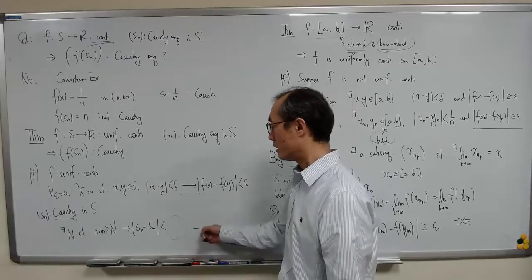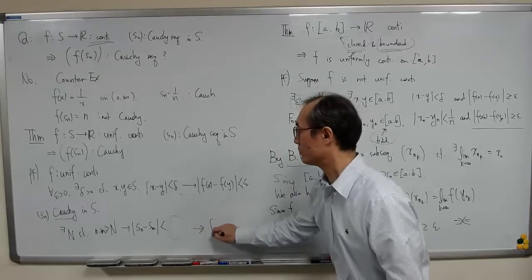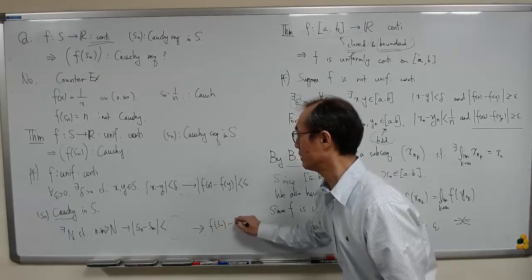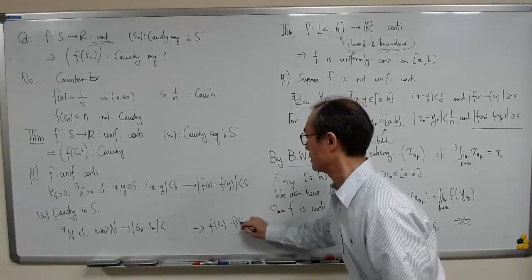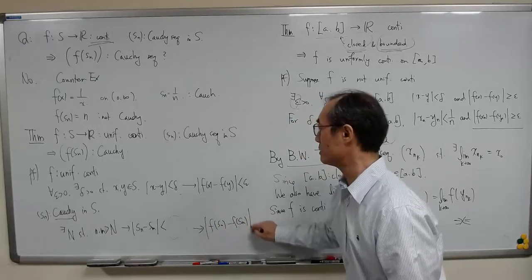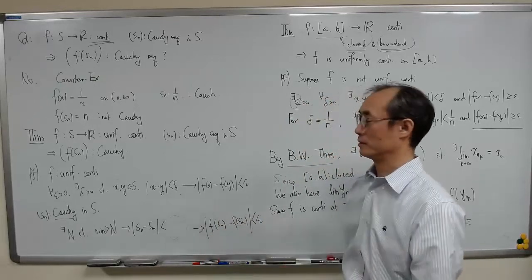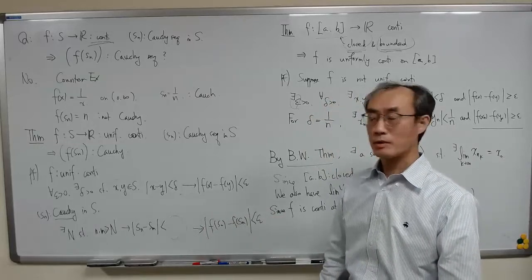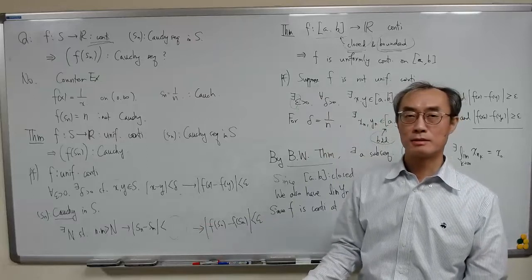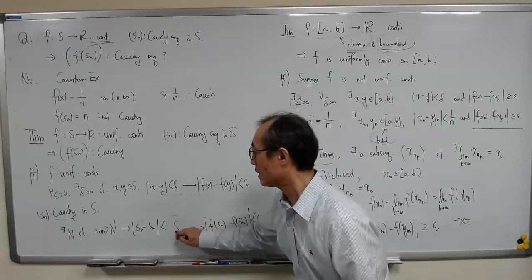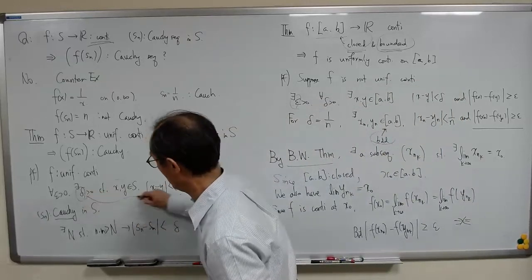From this estimation, I'd like to have the difference between f of Sn and f of Sm smaller than epsilon. Okay. What's the appropriate choice for this blank? You can choose delta.